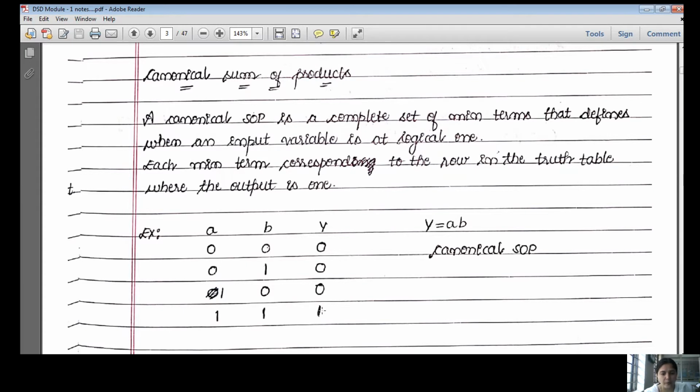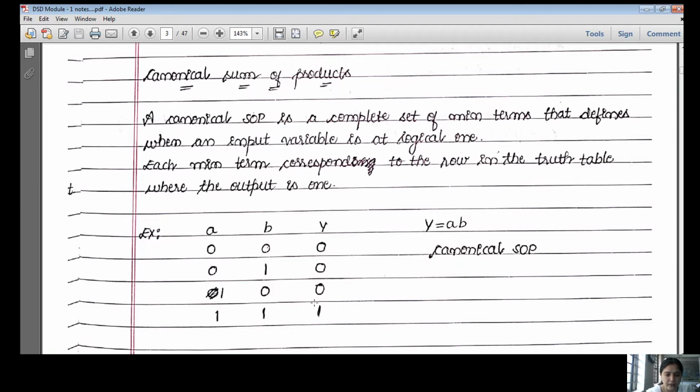So we write the expression as Y equals AB. This is sum of product. A 1 indicates A or B, and a 0 indicates A bar or B bar. So here it is A bar B bar, here A bar B, here A B bar, here A B.